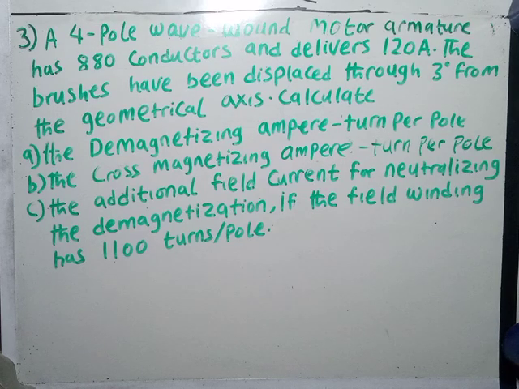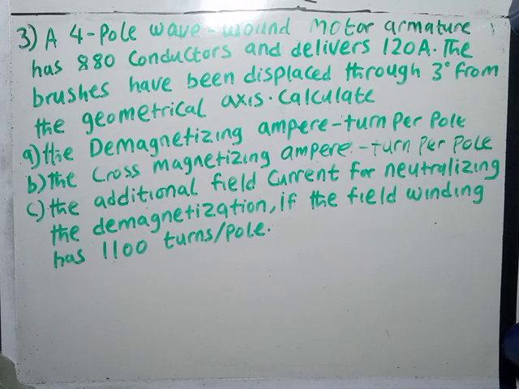Today we'll be looking at another question on armature reaction. A 4-pole wave wound motor armature has 880 conductors and delivers 120 ampere. The brushes have been displaced through 3 degrees from the geometrical axis.